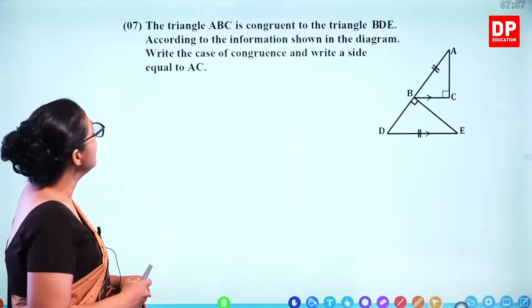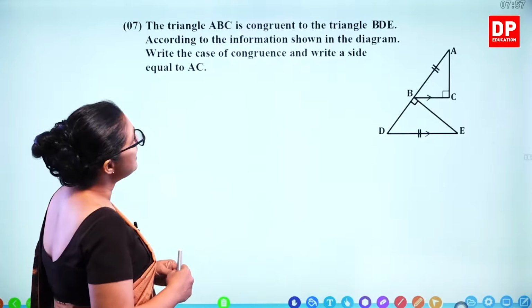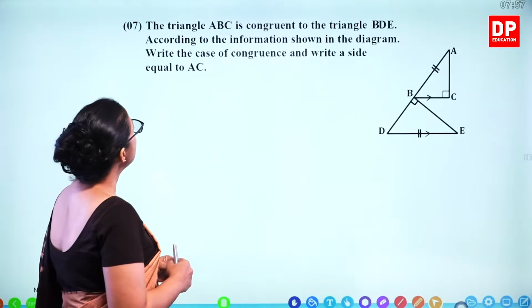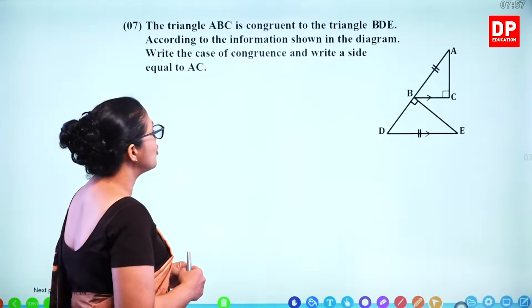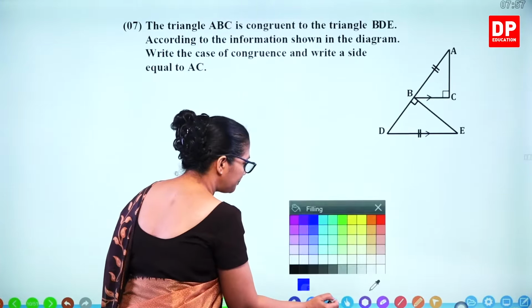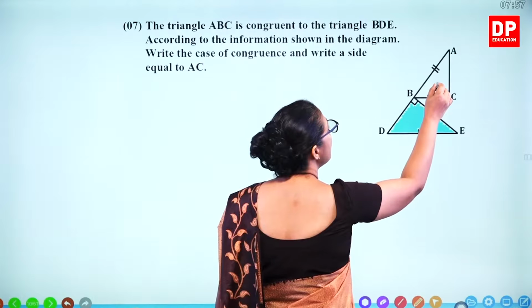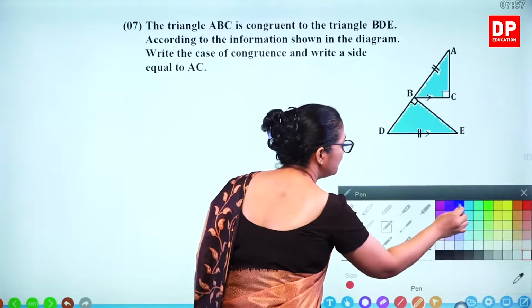Question number 7. The triangle ABC is congruent to the triangle BDE. According to the information shown in the diagram, write the case of congruence and write a side equal to AC. So look at these two triangles. This triangle and this triangle. So what can you say about these two?